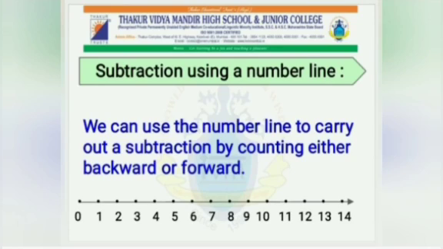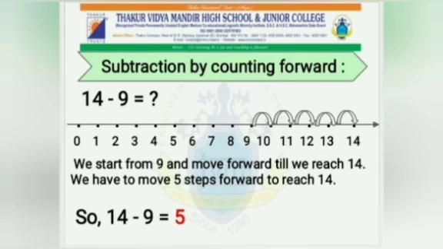So, start drawing a number line in your book, beta. Children, we can use a number line to carry out a subtraction by counting either backward or forward. Let us understand first subtraction by counting forward. For example, 14 minus 9. Children, you all can see the number line.